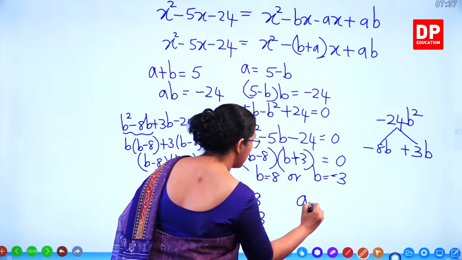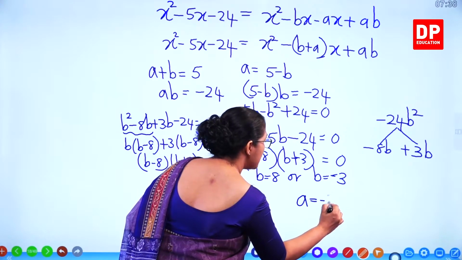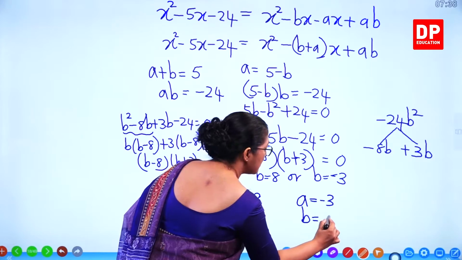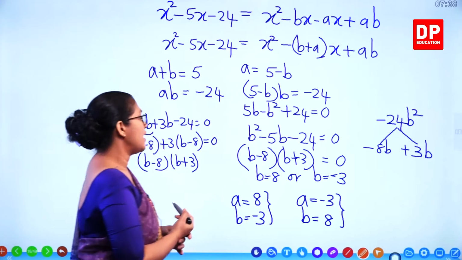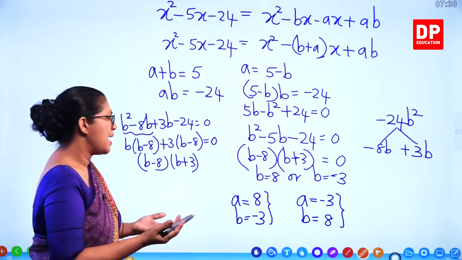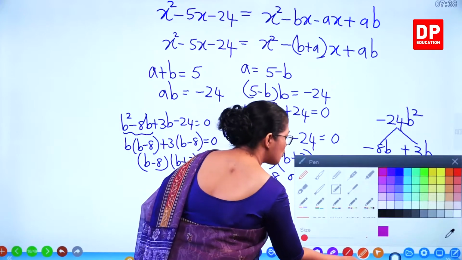Or you can take a is minus 3, b equals 8. So any number you can take like that, because a and b are two whole numbers. So 2 marks.